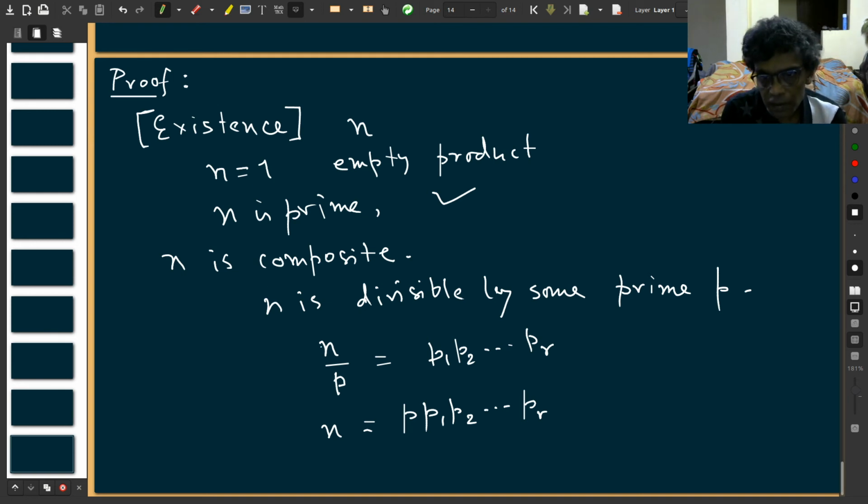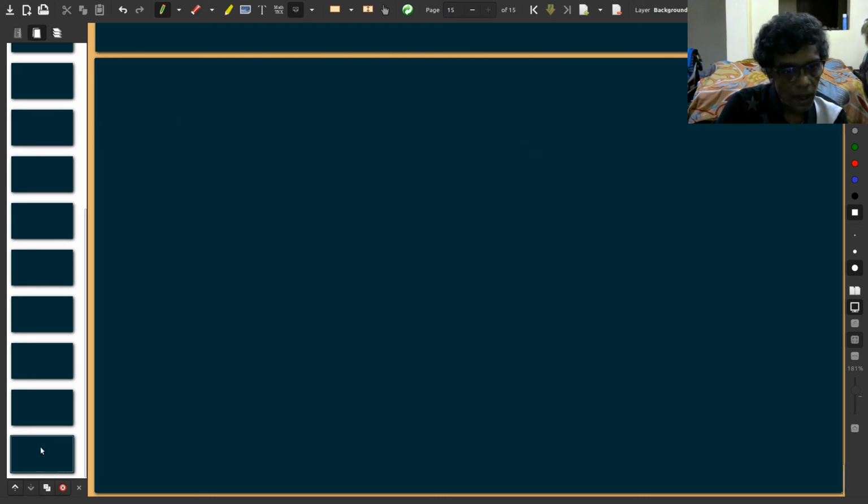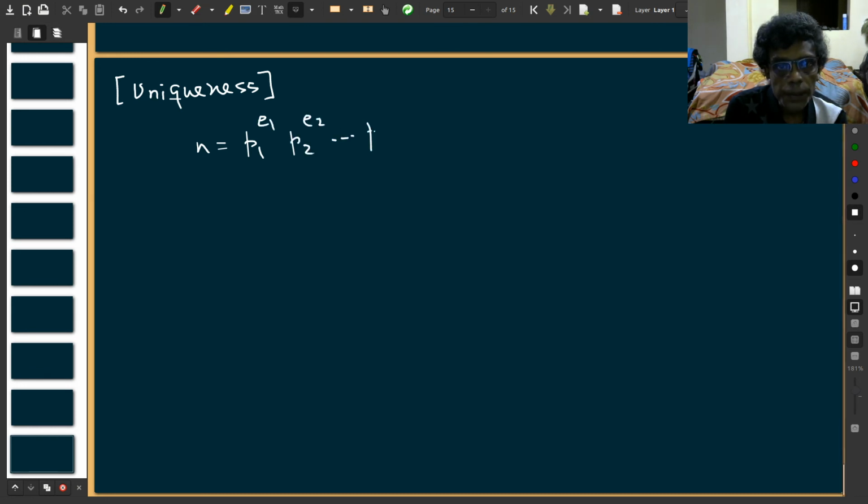In fact, if I collect the equal primes in this factorization, I can write n in this form: p1 to the exponent e1, p2 to the e2, ..., ps to the es, where I assume that p1 is less than p2 less than ... less than ps.